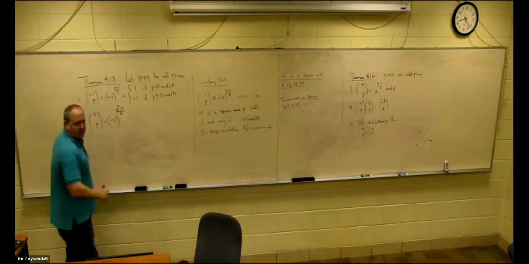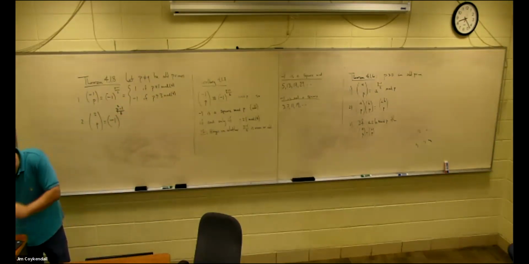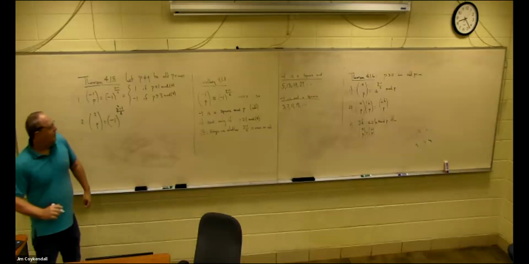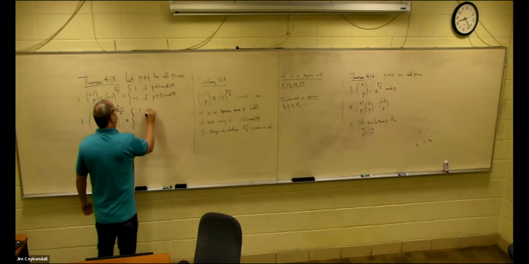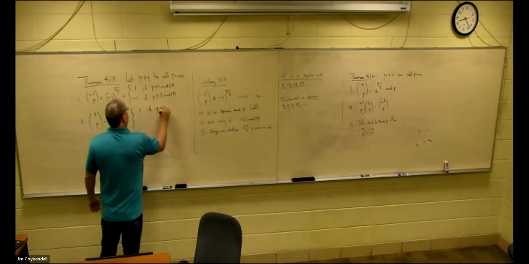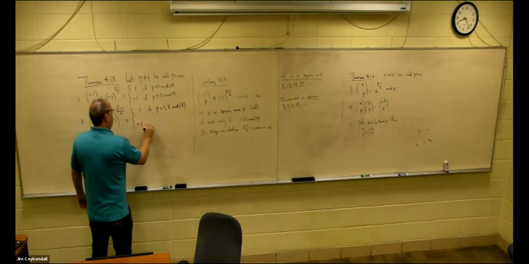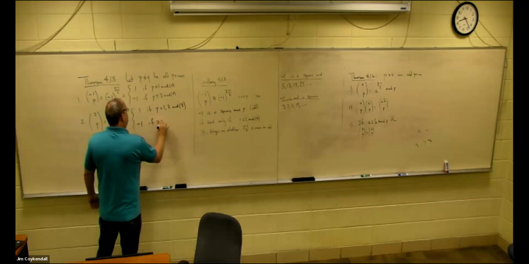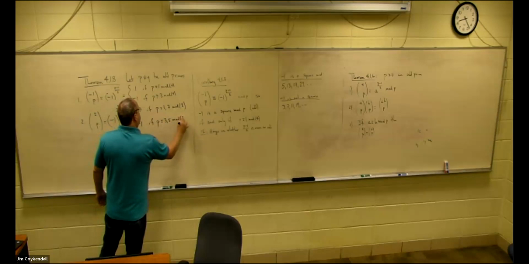So there's your 8 right there. So this is equal to 1 if p is equivalent to 1 or 7 mod 8, and -1 if p is equivalent to 3 or 5 mod 8.